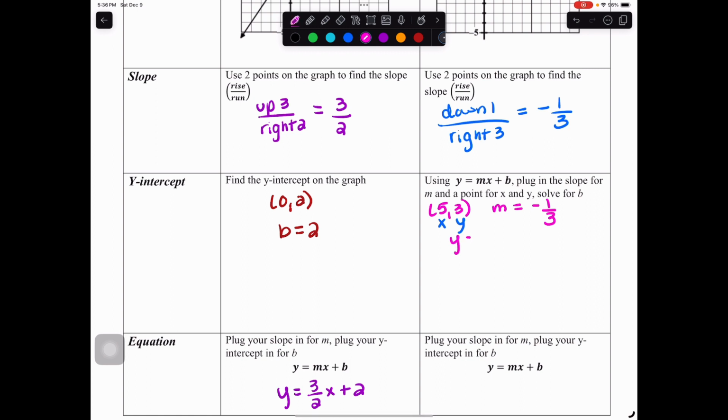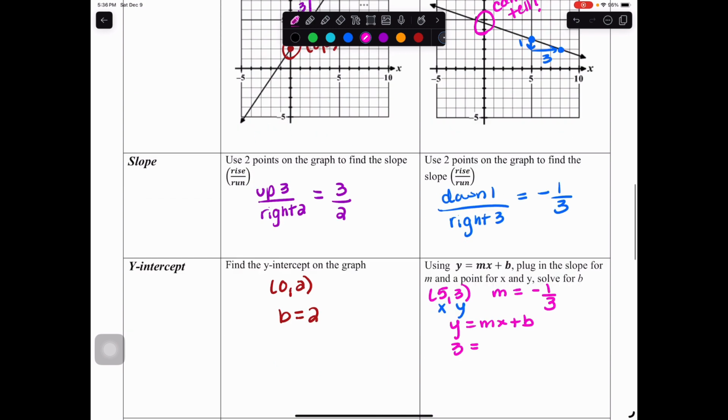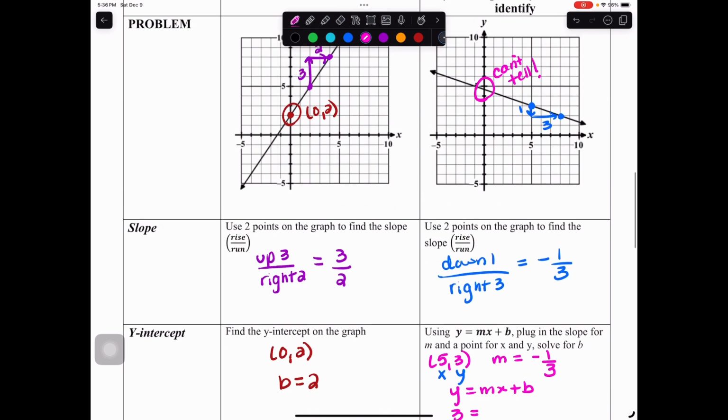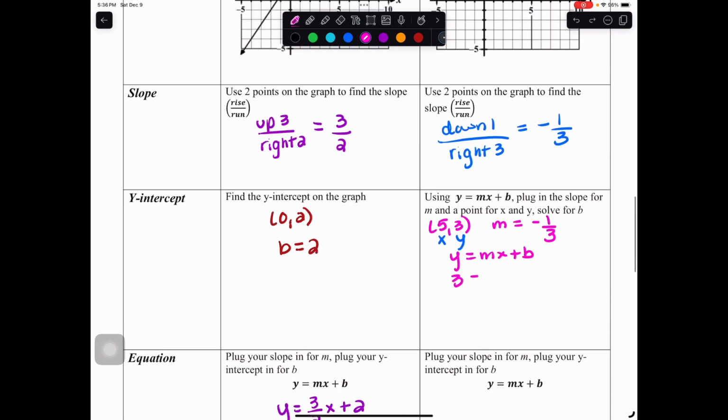So I will use my coordinate as an x and a y, and I already have my m. So I will write y equals mx plus b, and then I'm going to plug in everything I know. My y value is a 3. Remember, because we picked this point up here, (5, 3), that was on the line. So 3 for y, that's going to be equal to a slope of -1/3 times my x value, which is 5, and then plus b.